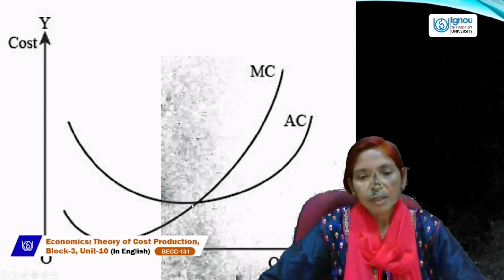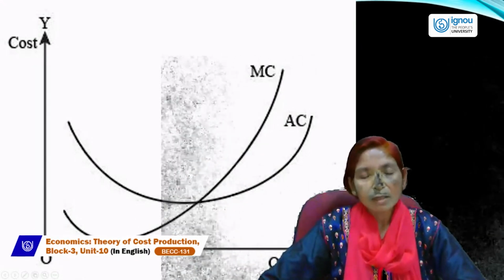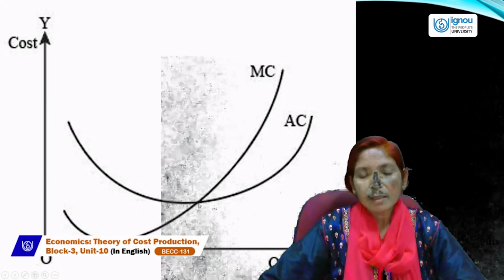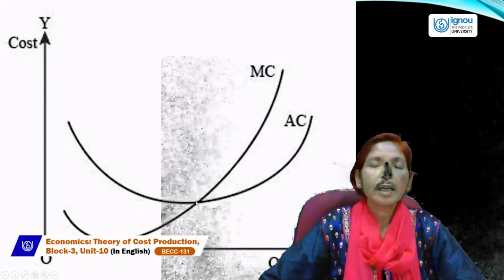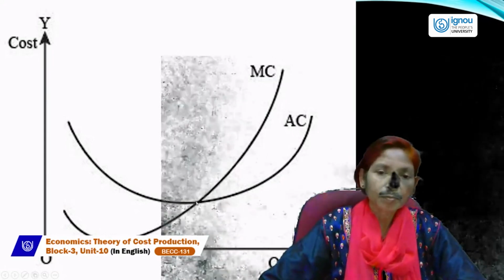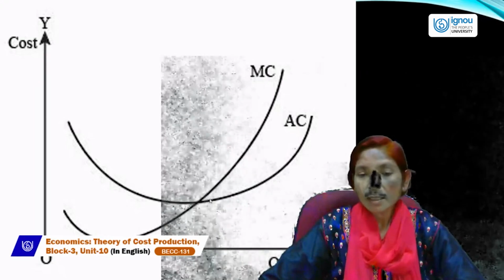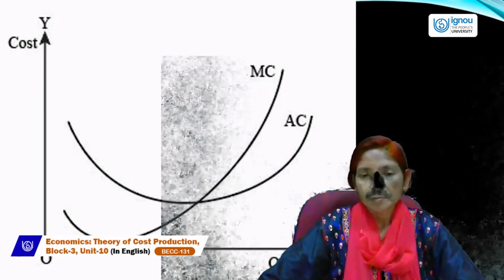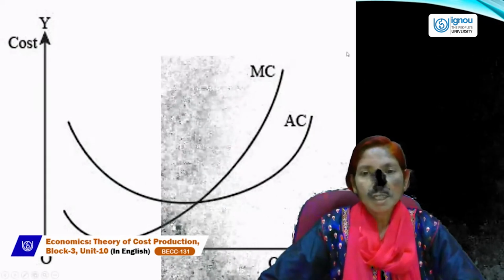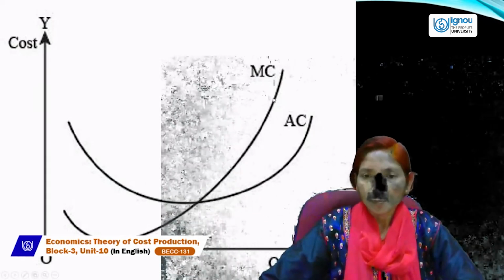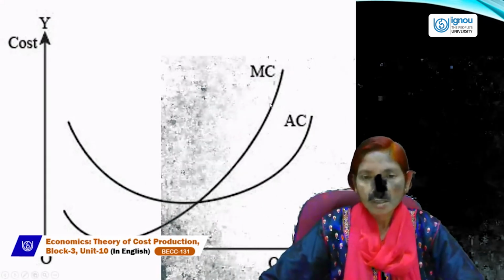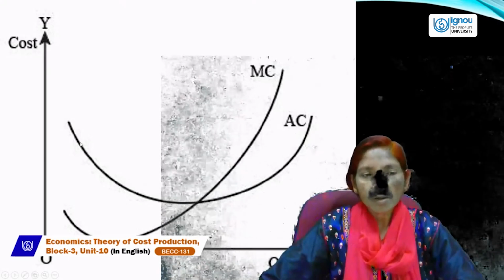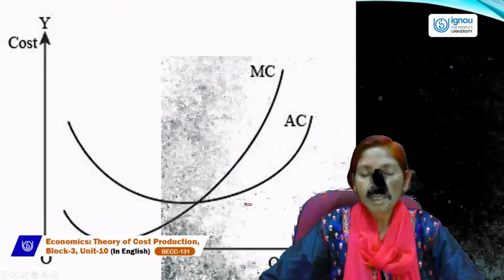This is the intersection point where MC cuts AC. At this intersection point, AC and MC are both equal. Now, when AC starts rising, MC rises before AC. So MC is more than AC in the third stage. In the first stage, AC falls, MC falls before AC.